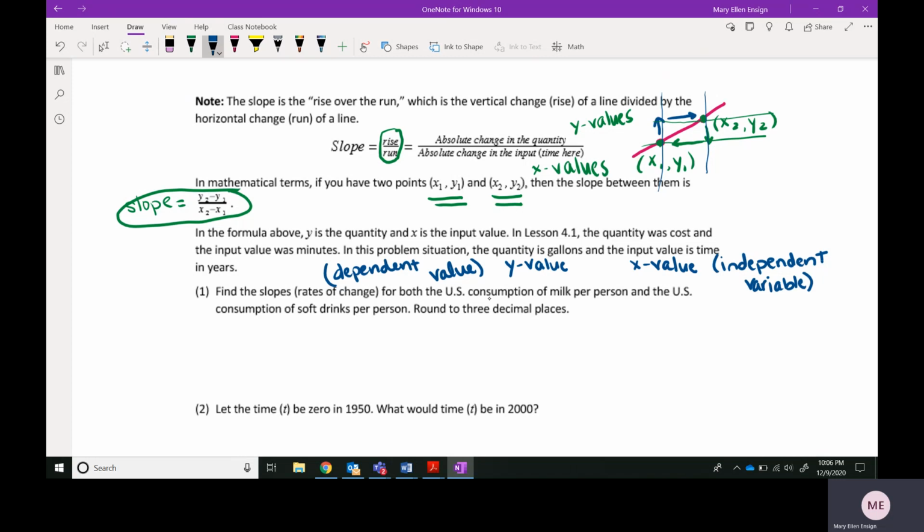So if I say, okay, how much milk was consumed in 1956? Well, then I chose that out of any year I wanted, and then there's a y value that depends on that. We would say, I'm just making this up, 27 gallons of milk, or whatever it would be.